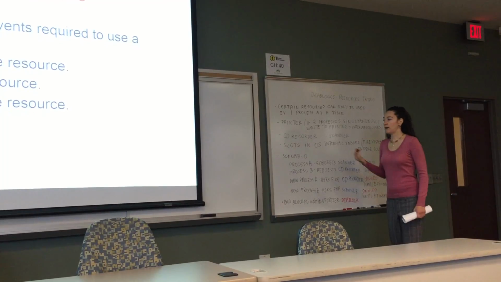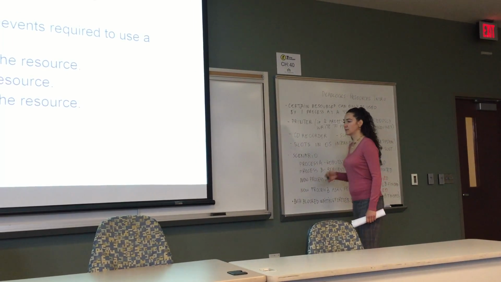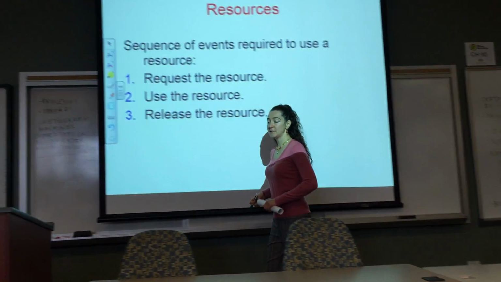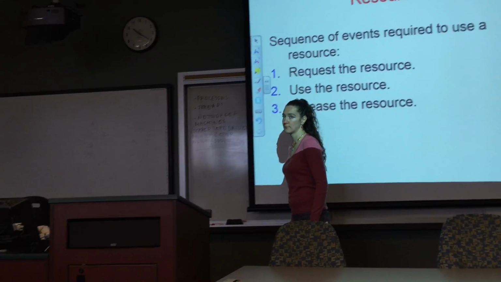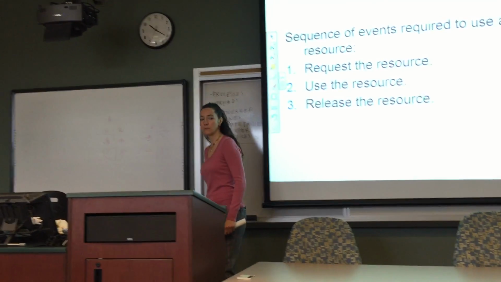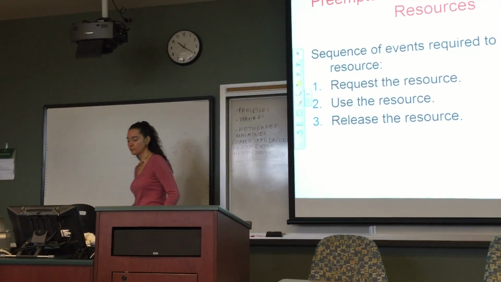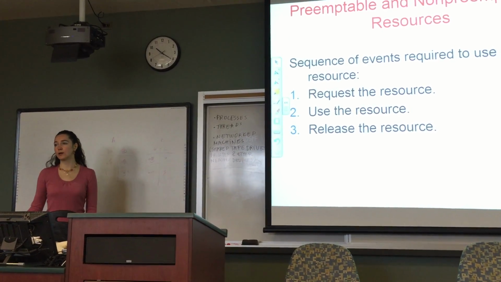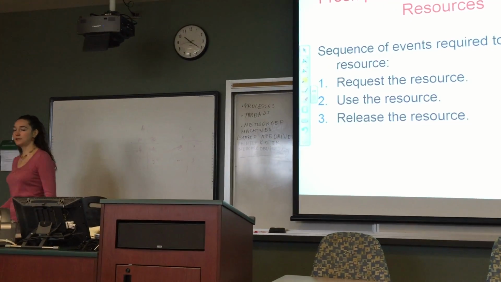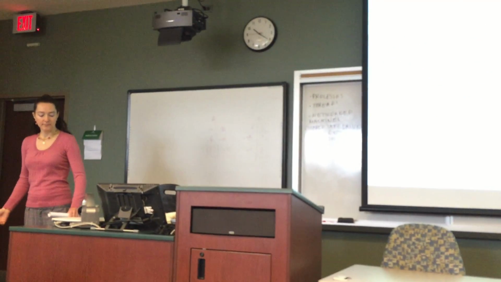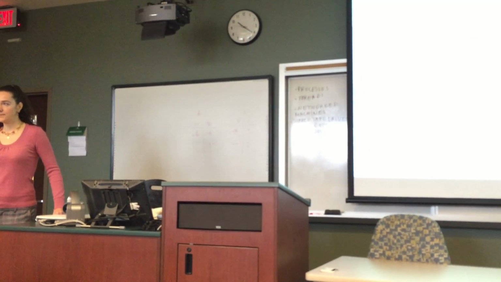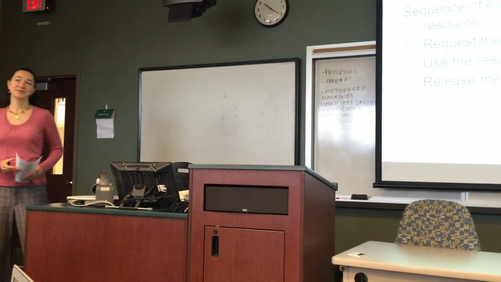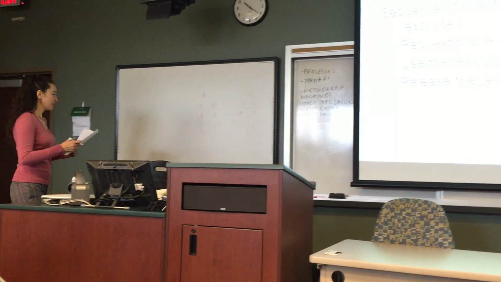Can we have two customers, in this case it's not two processes, but two customers trying to reserve the same seat at the same time? If we allow that, then when they get on the flight, who is gonna sit first? So we cannot allow that.